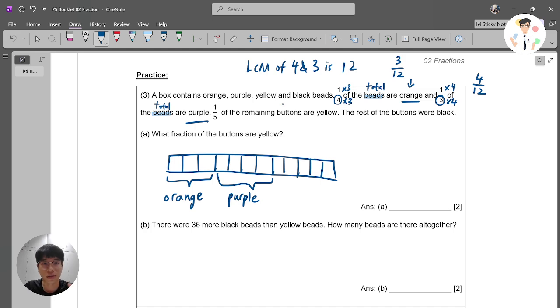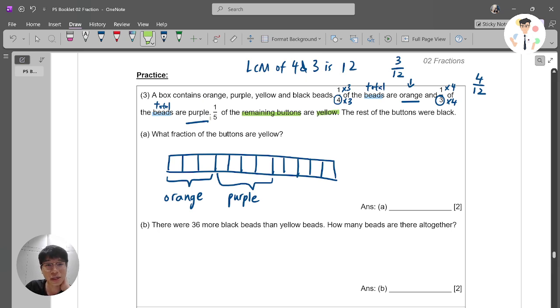Okay, now let's continue the question. It says 1 out of 5 of the remaining beads are yellow. Just a clarification: just now, the blue shaded, highlighted part was referring to the total. But now what they are referring to is the remaining after I excluded all the orange and the purple. So 1 out of 5 of the remaining is yellow.